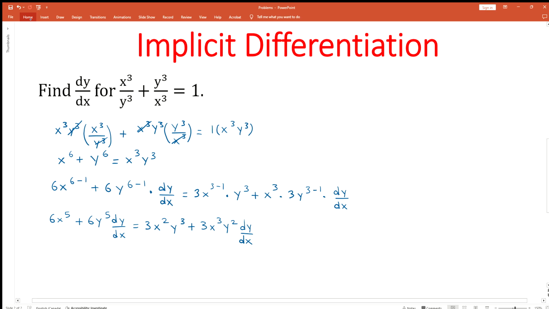Next, we should gather the terms with dy over dx on one side of the equation. We should move this term 3x cubed y squared dy over dx to the left side of the equation, and that will make this term negative. And we can move the term 6 times x to the power 5 to the right side of the equation, and that will make this term negative.